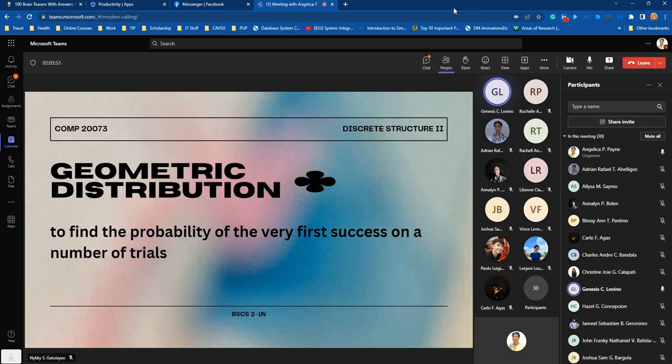So usually dapat ang mangyayari dyan would be tails dapat yung apat, and then on our fifth toss would be the tails. Yun yung geometric distribution. So if we're going to check the formula, it would show like this. Next slide.